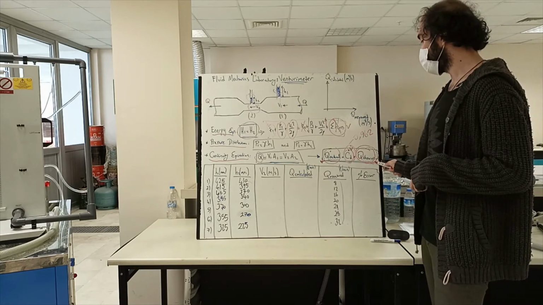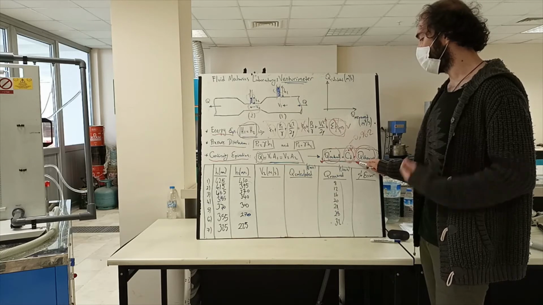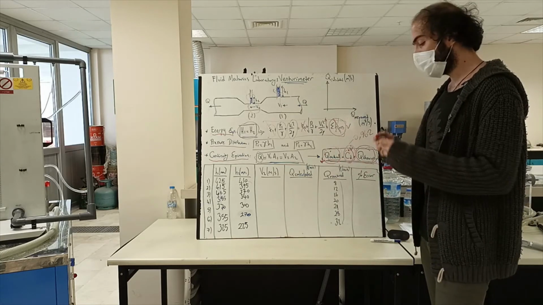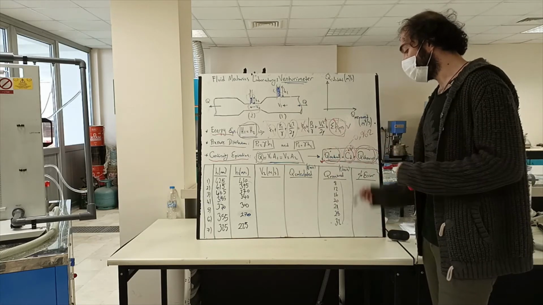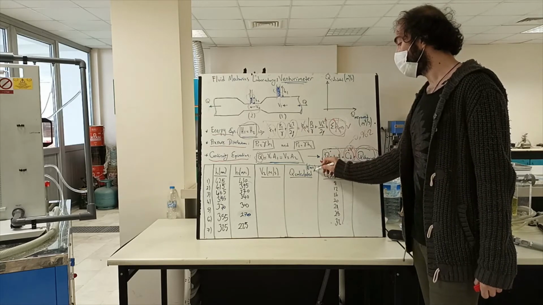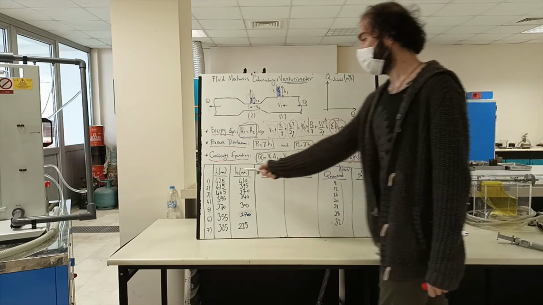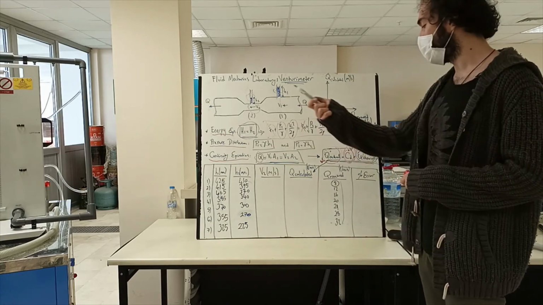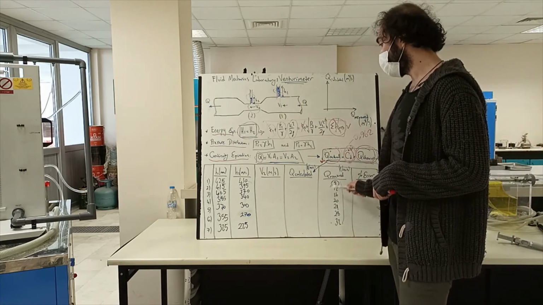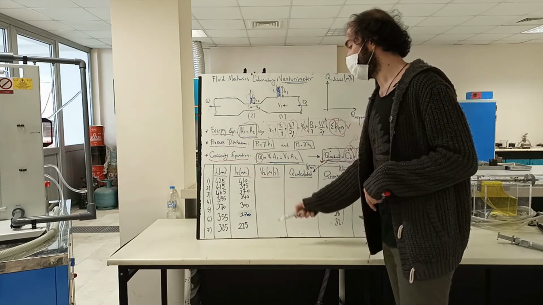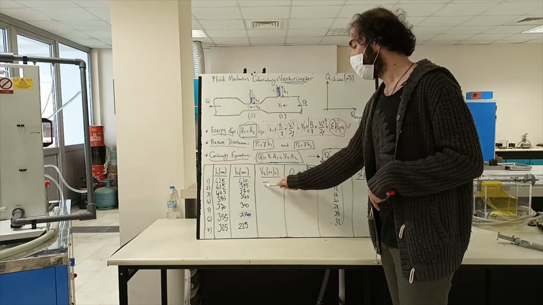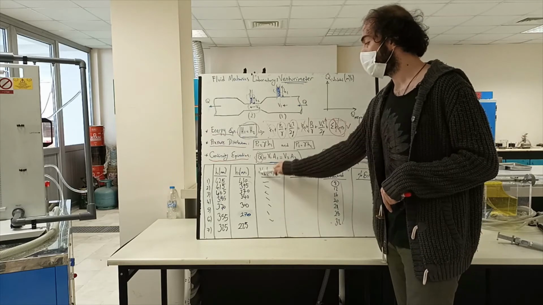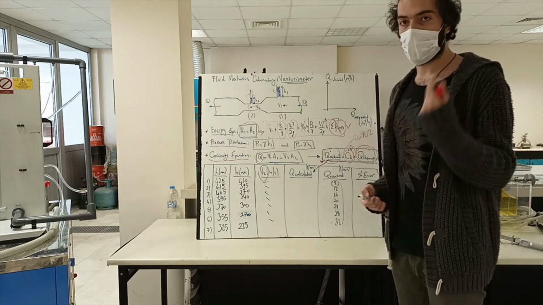So you will multiply Q theoretical with the discharge coefficient, and you will obtain the Q actual value, which will be your Q calculated one. For each measured Q value that we gave you, we read these H values, and then you will find 7 values for the velocities at section 2.